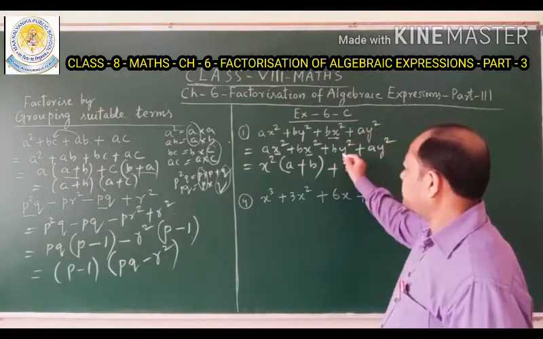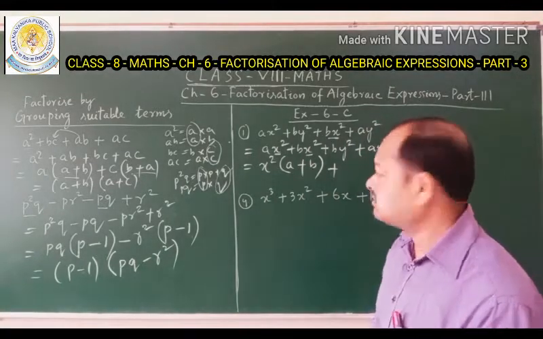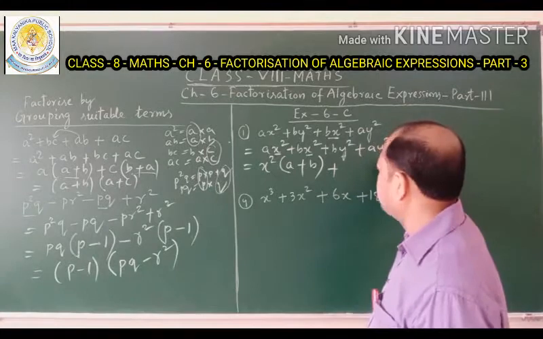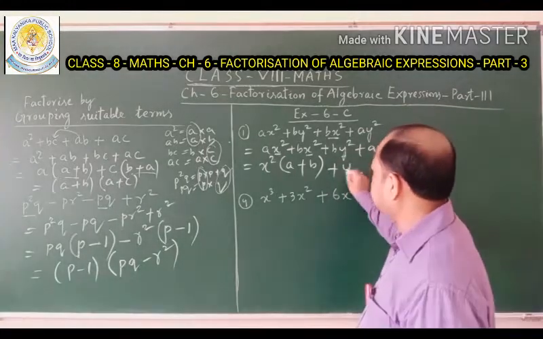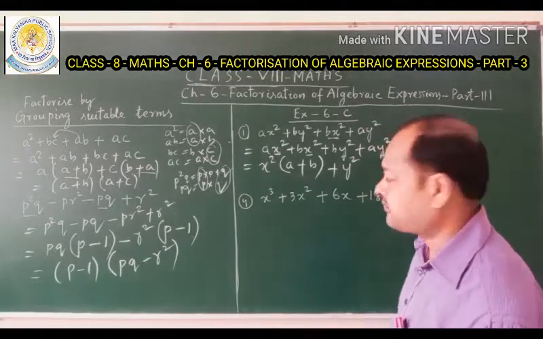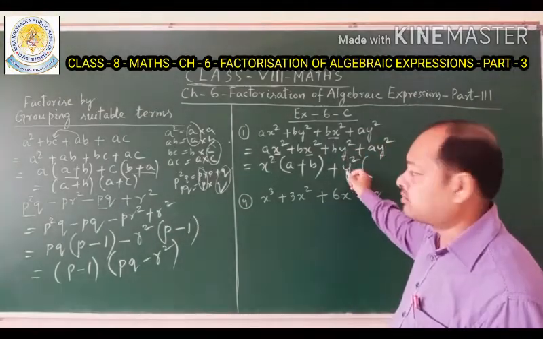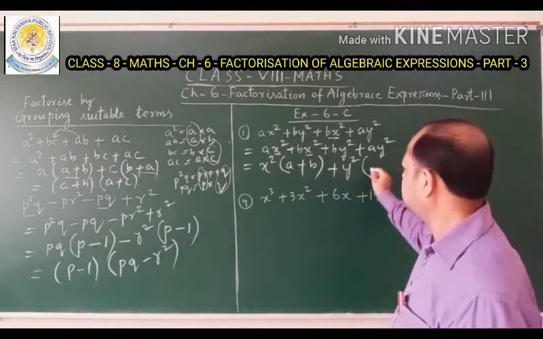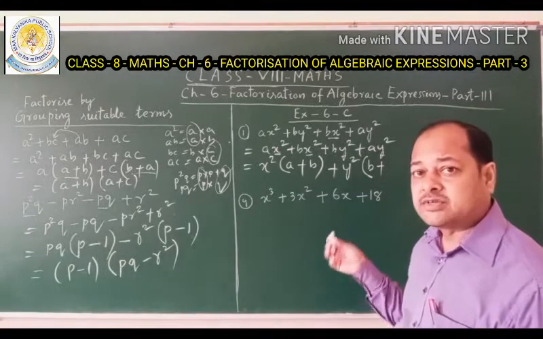Plus from by square and ay square, what is common? Here y square is present in both cases. So we can take y square as a common factor. If from by square y square is taken, what is left? That is b. Plus from ay square, if y square is taken, what is left? That is a.